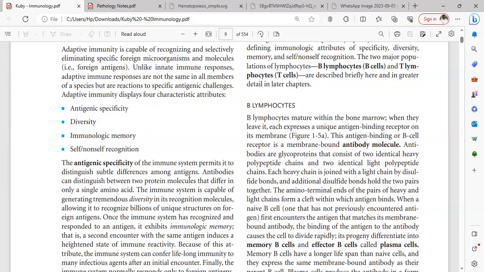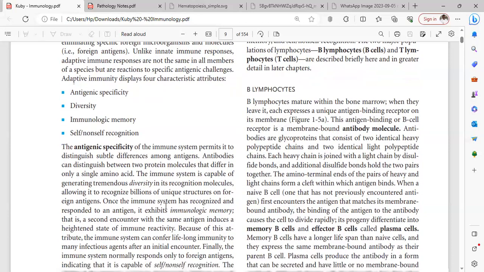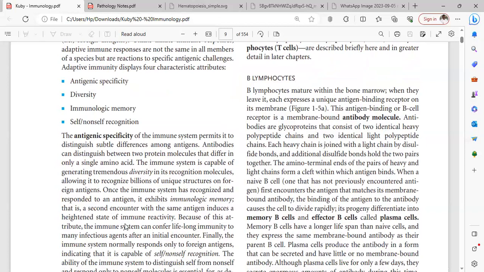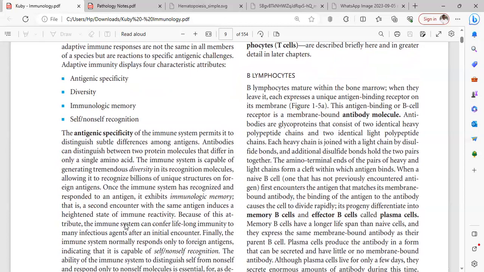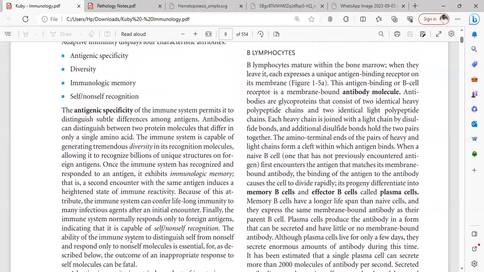For diversity, it is able to recognize many different molecules. For memory, it is able to remember past immunological responses. For non-self recognition, it is able to distinguish the host cells from non-host cells.